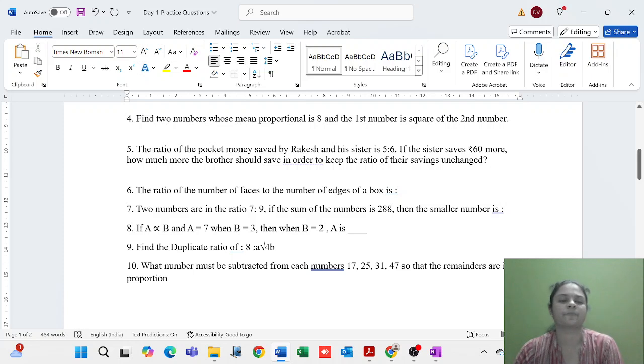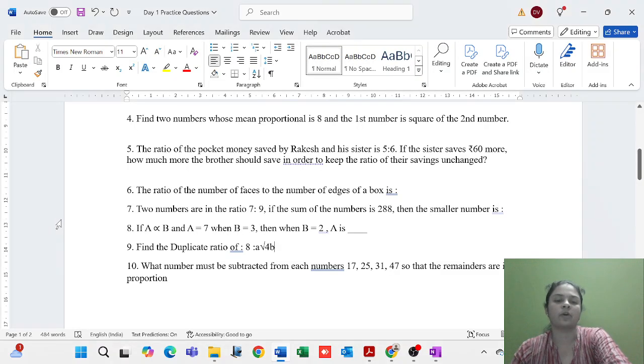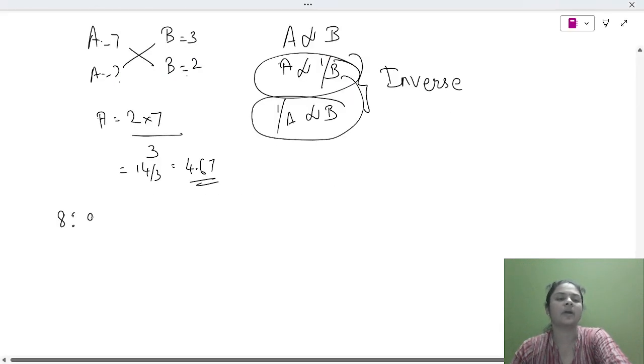Next question. Find the duplicate ratio of 8 is to a root 4b. Now duplicate ratio means what? Square. So we are going to do 8 is to a root 4b. So square both the values.